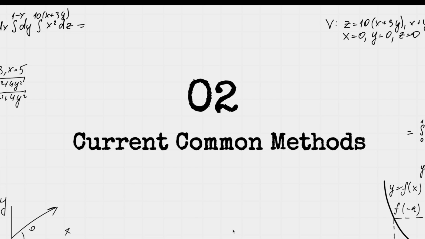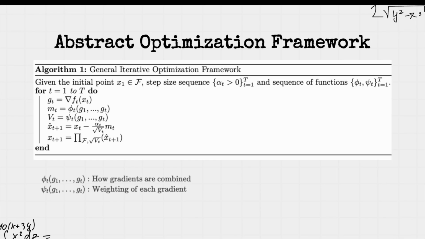In this slide, we present the general iterative optimization framework, described as Algorithm 1. The algorithm begins with an initial point x_1 from the feasible set F, a step-size sequence alpha_t, and a sequence of functions phi_t and psi_t. For each iteration t from 1 to T, we first compute the gradient of the loss function, and combine the gradients using the function phi to calculate m_t, and weight the gradients with psi giving v_t.